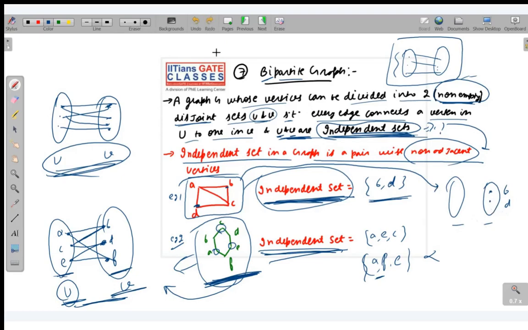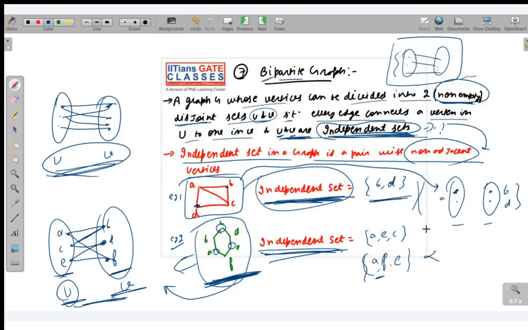So only 2 I can keep here. Now I cannot keep the rest 2, AC. If you keep only A, forget about C, no, we cannot do it, because how will you adjust C? No way out. So it is not a bipartite graph.